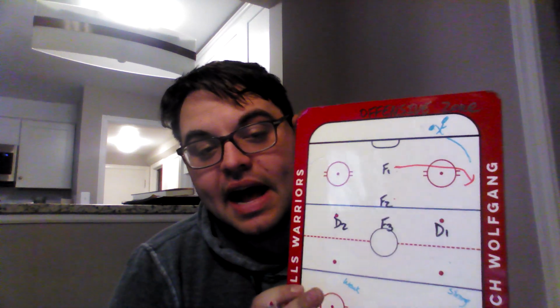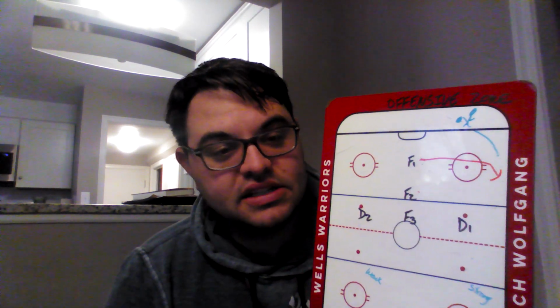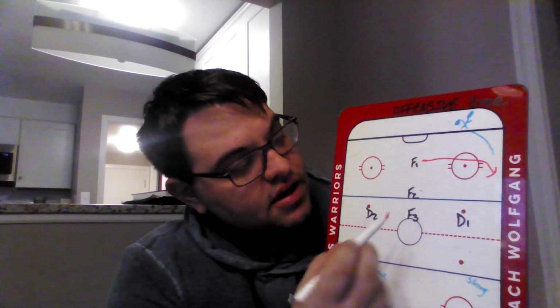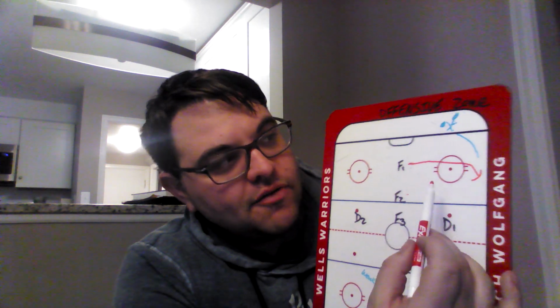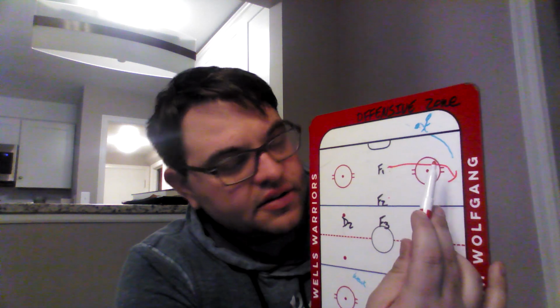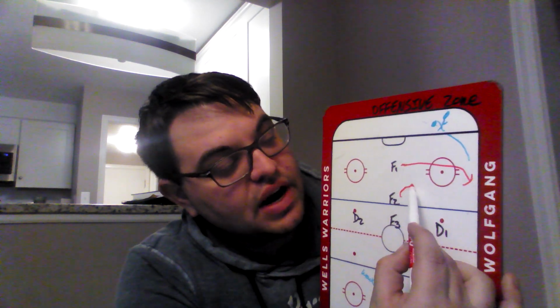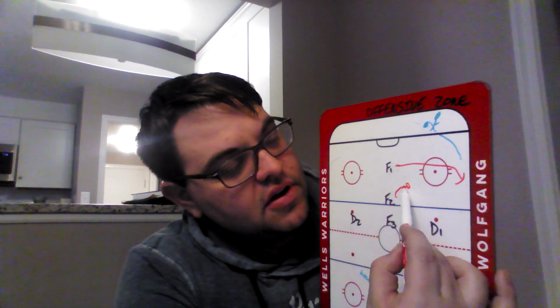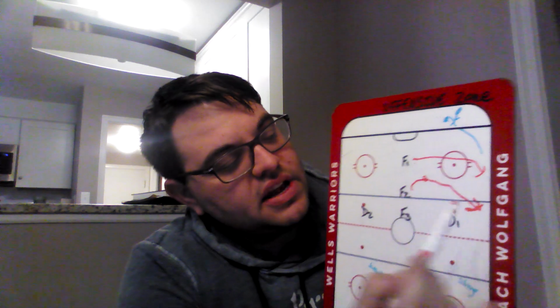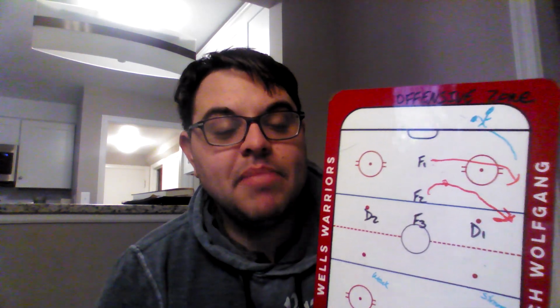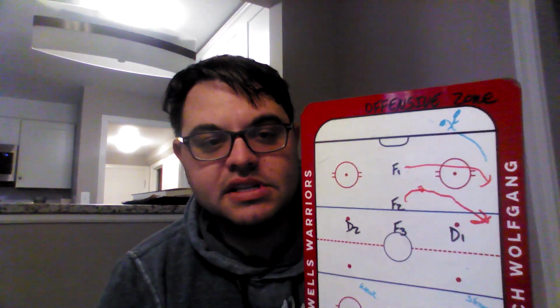Before F1 got beat, the moment F1 and the puck carrier start moving towards each other, F2 is creeping in, trying to figure out where to go. However, we want him to be the reserve there, the backup, the support system.